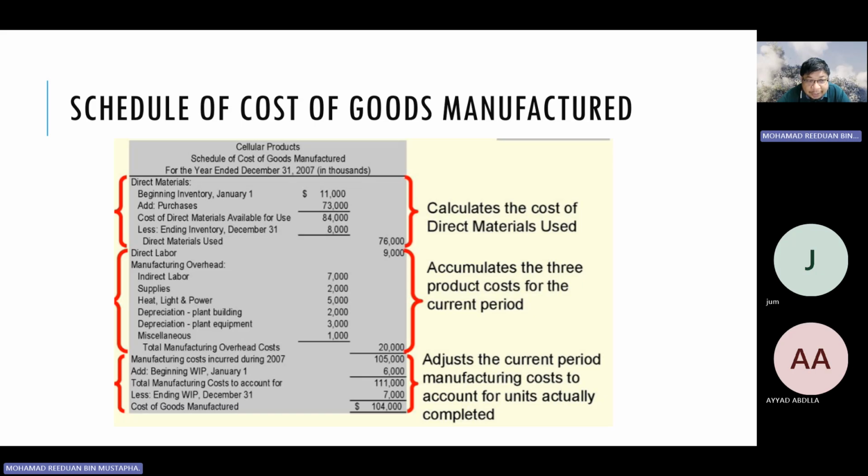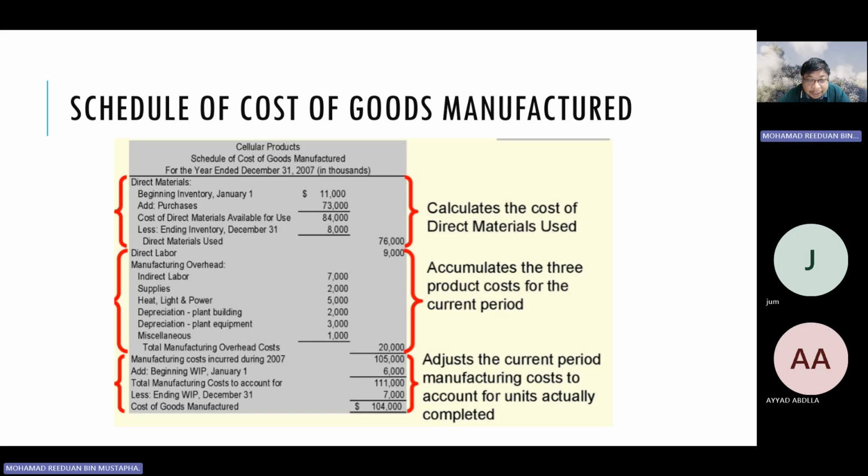If we identify a depreciation, we need to mention depreciation for what. Here it shows that this is depreciation for the plant building. It means that every year 2,000 will be depreciated for the plant building, and for the plant equipment, 3,000 every year.